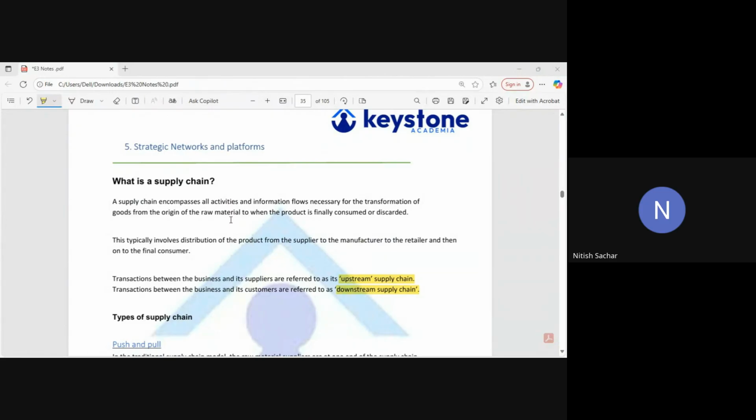We get the body, batteries, and everything assembled, and from there to maybe not to us directly, but to the dealerships, or if we have a warehouse first, then we supply from our central or regional warehouse to the dealerships in different cities. That would be the supply chain.